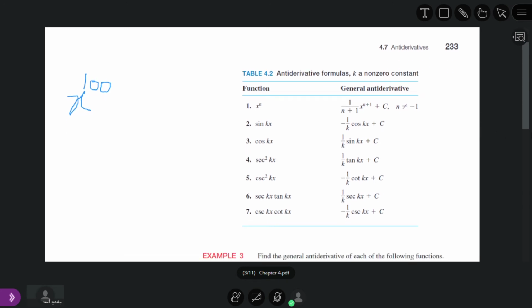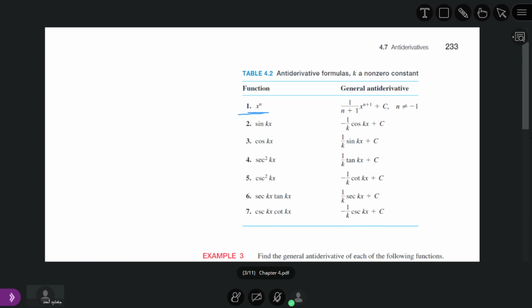X power 101 divided by 101, yes, this is correct. We increase 1 in the power, divide by the whole power, plus some constant. Okay, now this is the first formula.